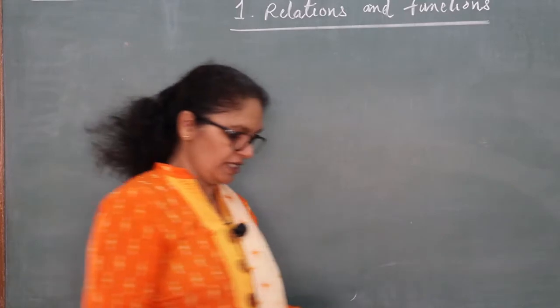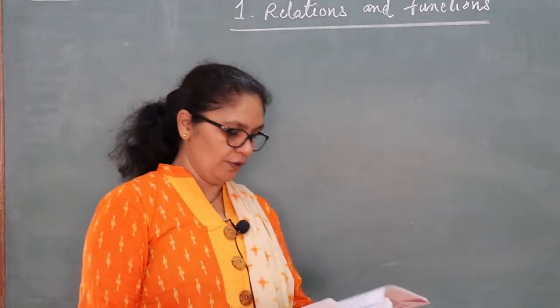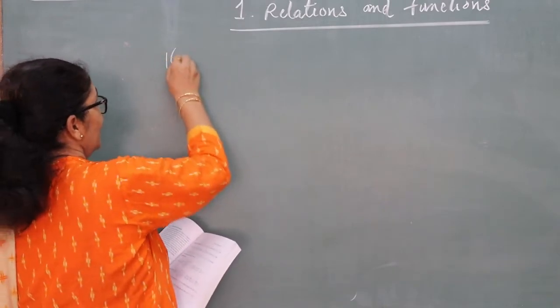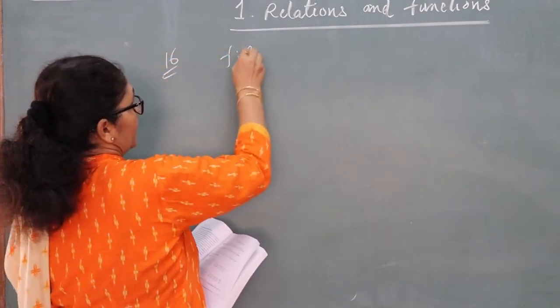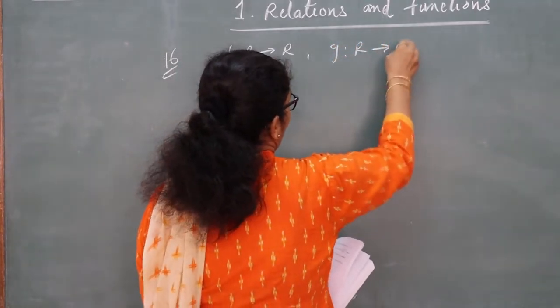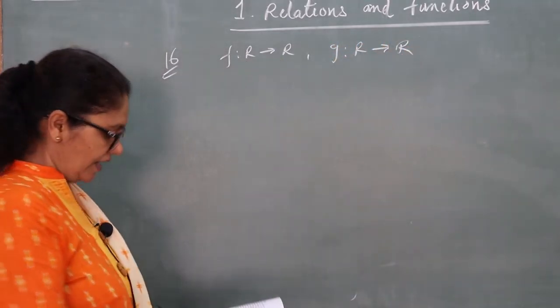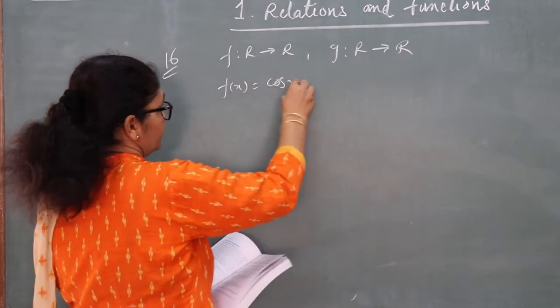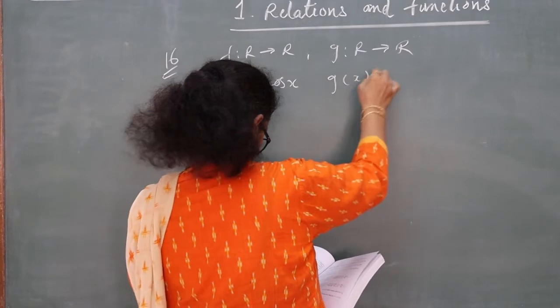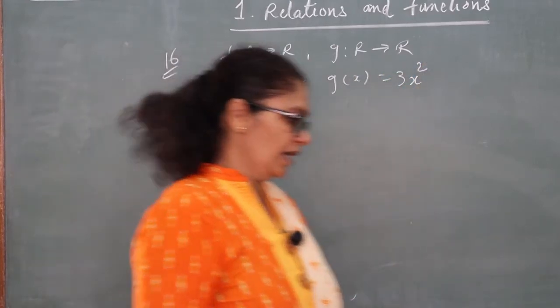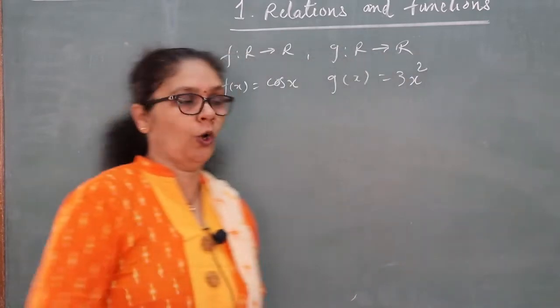Question number 16: you have to find f over g and g over f, and the functions are from R to R. g also from R to R and f also from R to R. And f x is given as cos x and g x is given as 3x square. And you have to prove both are not the same.